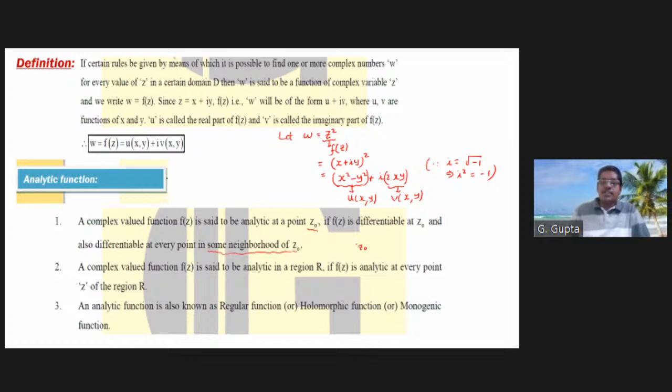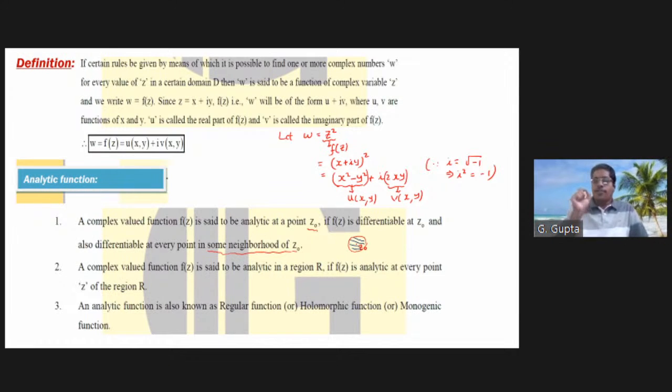So if there exists a circle, with Z0 taken as a center, inside the circle there are so many complex numbers Z. The blue shaded part is inside a circular region having center at Z0. If the function F of Z is differentiable at every point inside some circle having center Z0, with any radius.